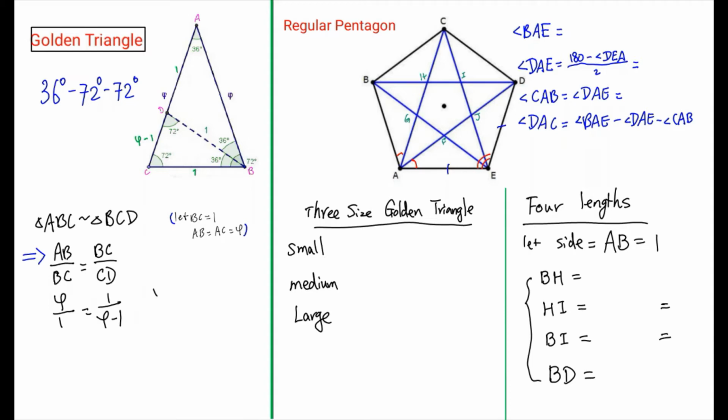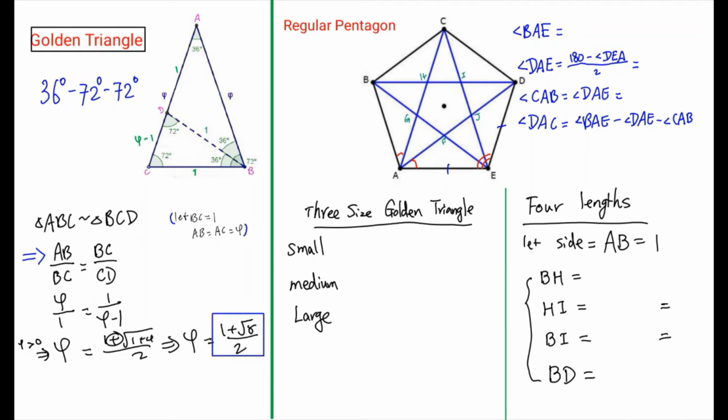After expanding the equation, we can find out that phi is equal to 1 plus or minus the square root of 5, divided by 2, which is plus because phi is greater than 0. So that means that phi is equal to 1 plus square root 5 divided by 2, which is the golden ratio.